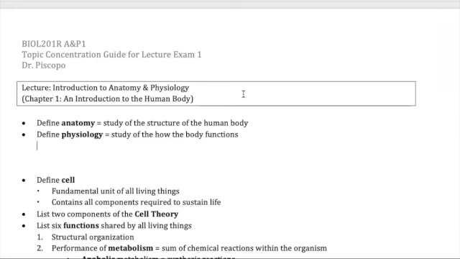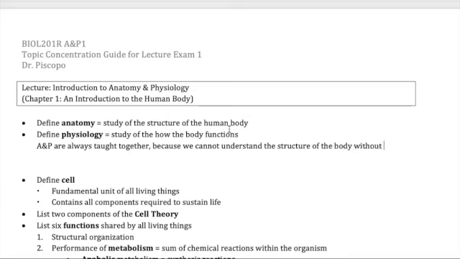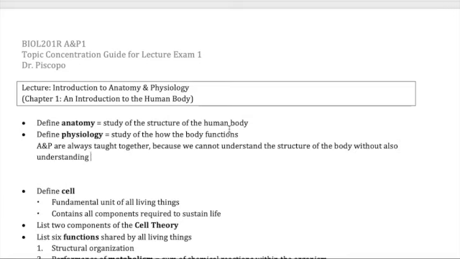I'm going to add some additional information into my Topic Concentration Guide to remind myself that A and P are always taught together, because we cannot understand the structure of the body without also understanding how it functions. These two sciences are tightly connected to each other.